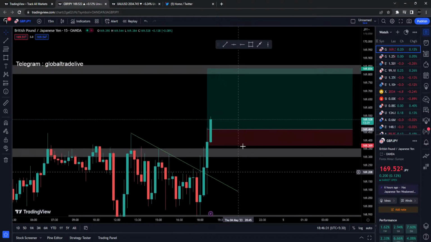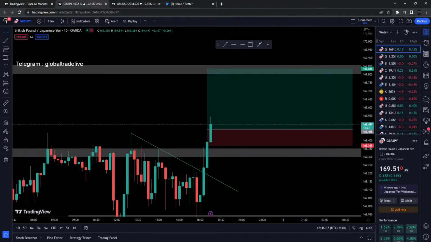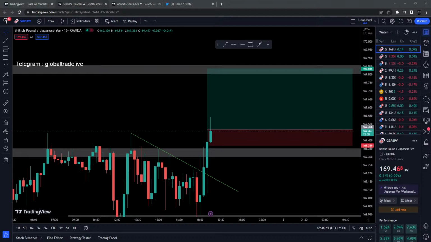Yeah, that will be a nice thing, because I'm not anticipating this candle to move down. So the stops has been reduced from 40 pips to 10 pips. My new stops are 169.369. Modify. Okay, close 50% over here. Add break even.